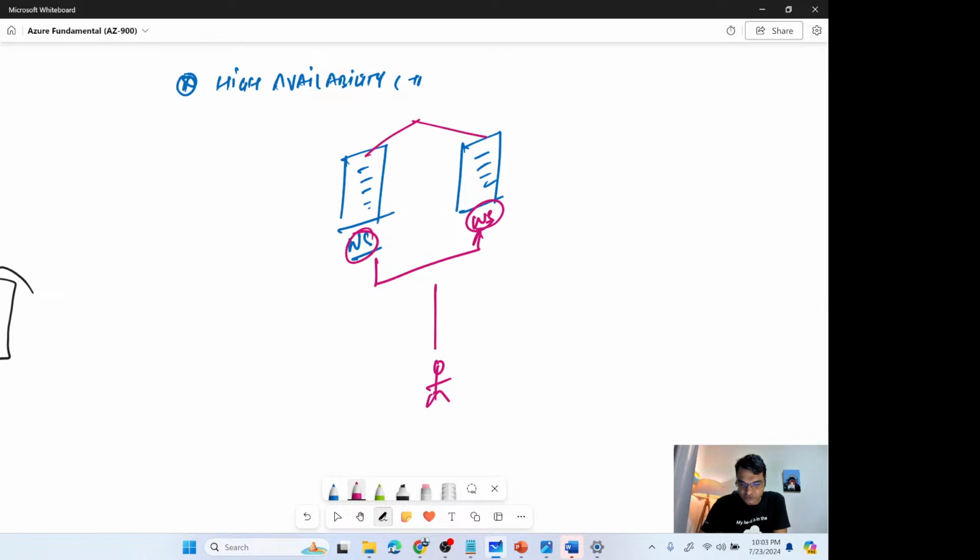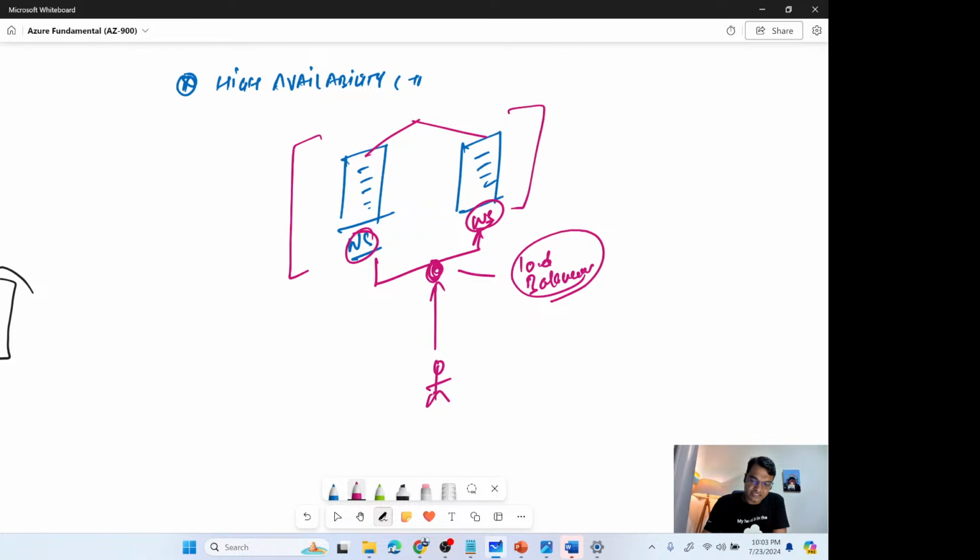the user would be connecting to a common point, which is basically a load balancer, right? And behind the load balancer, Azure would automatically take care of whichever server is up to complete the request, and send the request to order that handmade jewelry to the backend server. And this will be taken care of by Azure automatically.